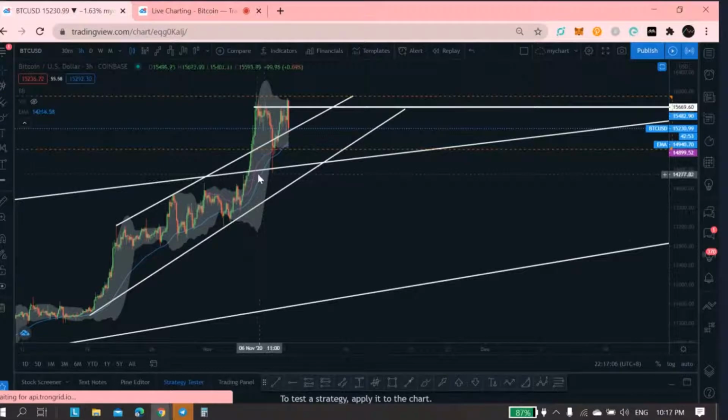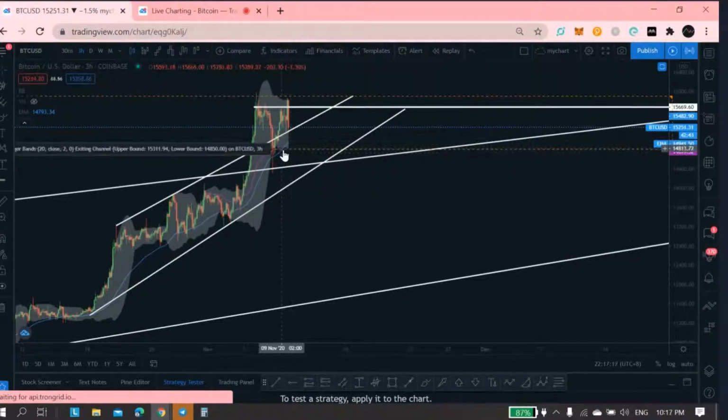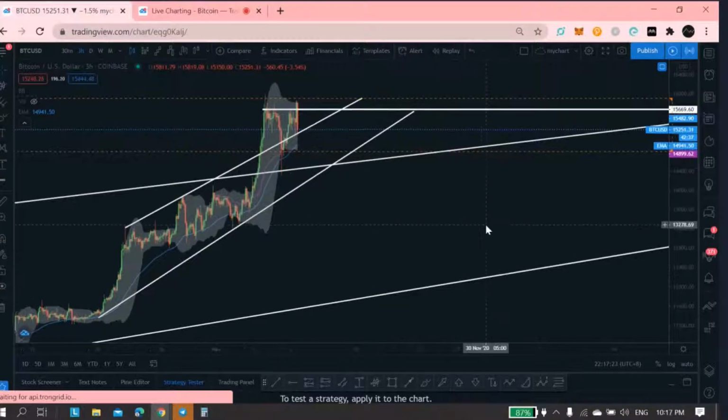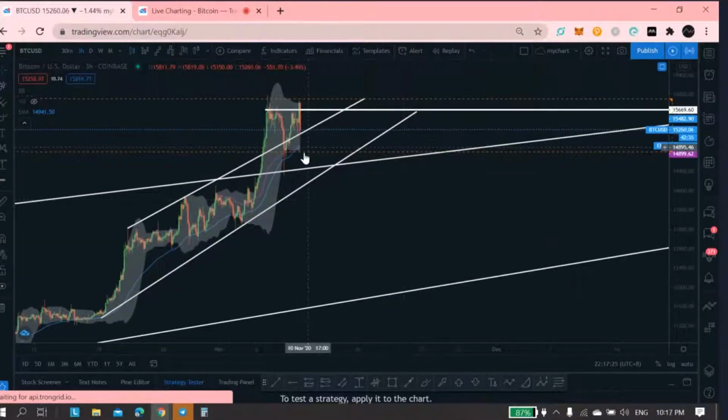So EMA 50, the VWAP using the November time frame, and the Bollinger Band, supports around the 14,900. So I think this is already the strong support.